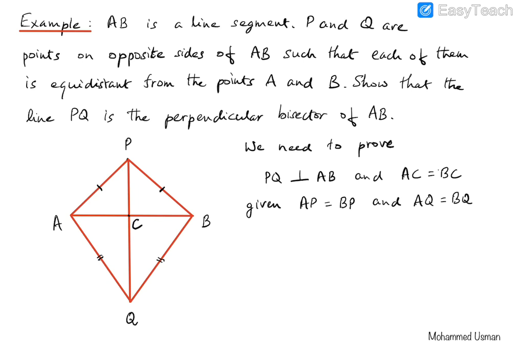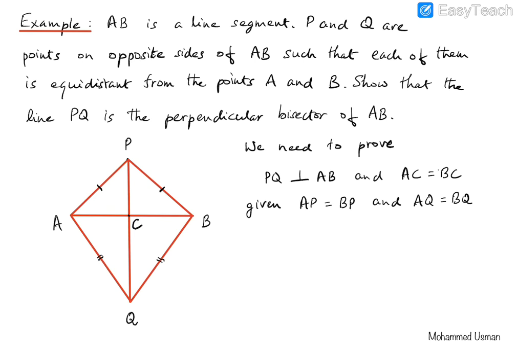So with this information, we need to prove that PQ is perpendicular to AB and that AC is equal to BC. Okay. So to prove this, first we need to find some congruent triangles and prove certain angles here. Only then will we be able to proceed.